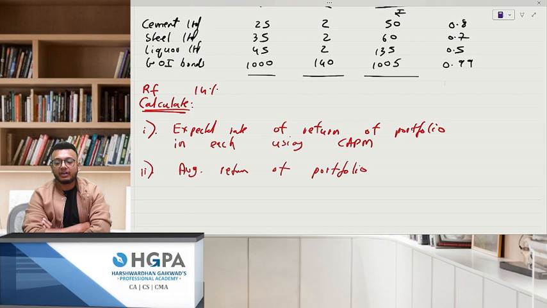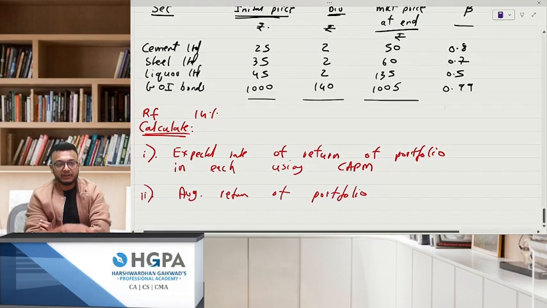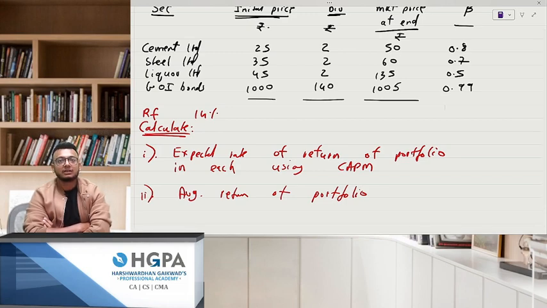How much is total dividend? 146. How much is total price at the end? 1250.